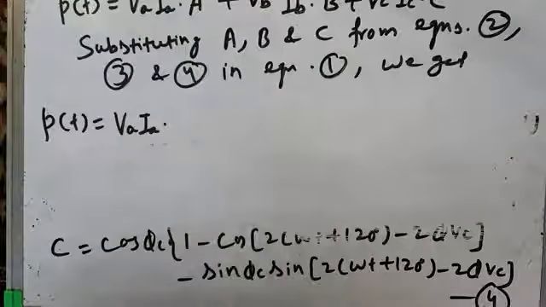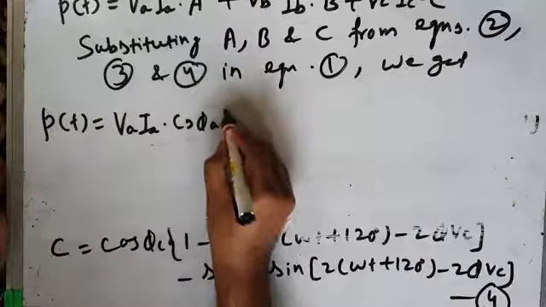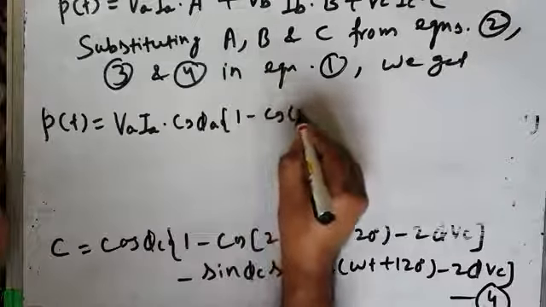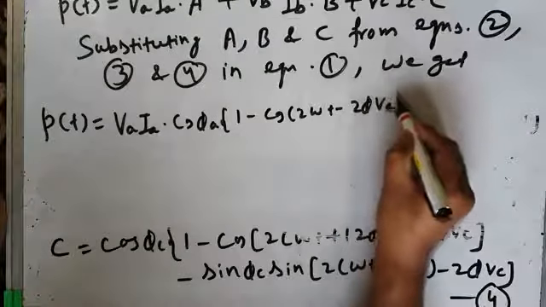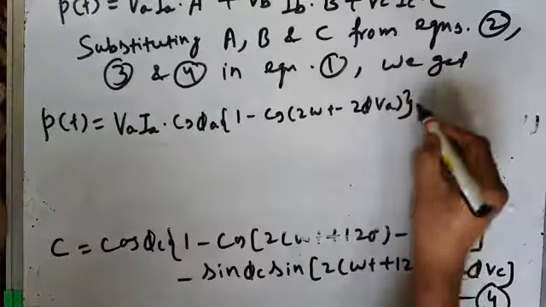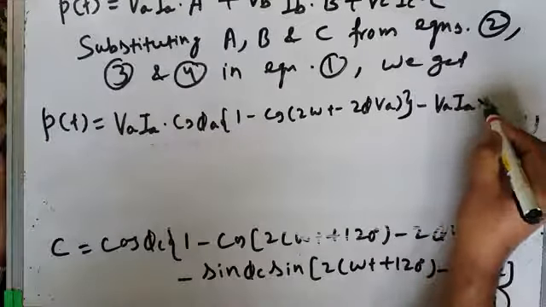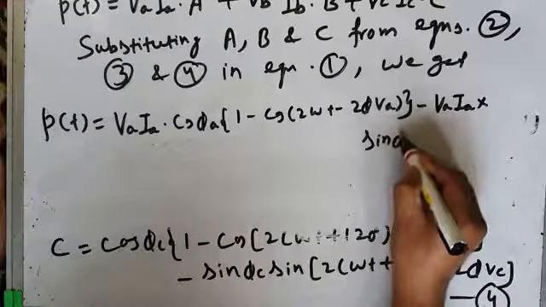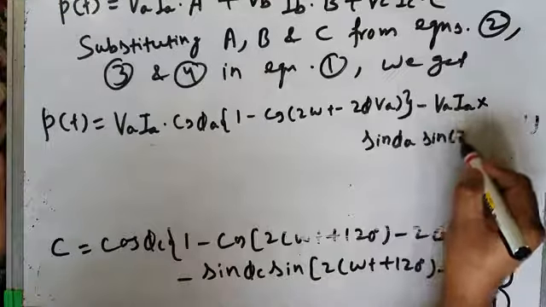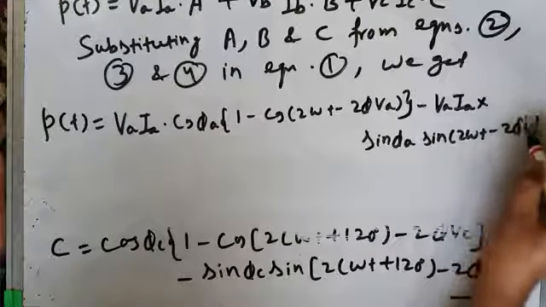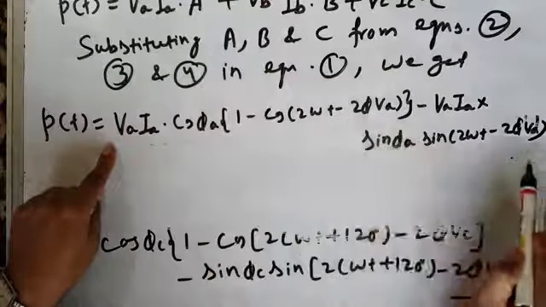A we have already computed. A is cos of phi A times 1 minus cos of 2 omega t minus 2 phi VA, minus VAIA into sine of phi A into sine of 2 omega t minus 2 phi VA. So this is VA into A. A is this plus this.